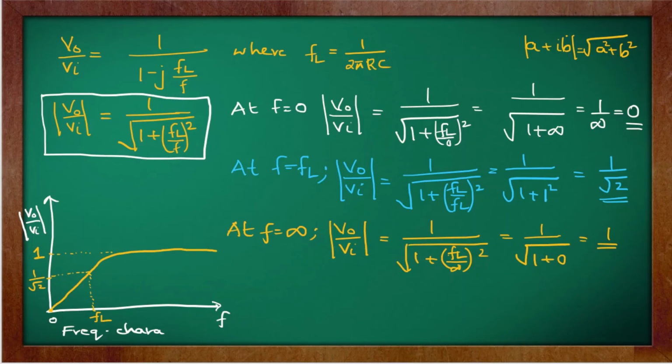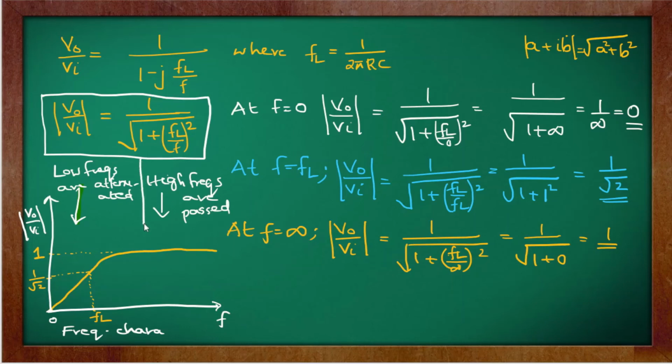From the figure itself, it is very clear that high frequencies are passed and low frequencies are attenuated. So this is the frequency curve of a high pass filter.